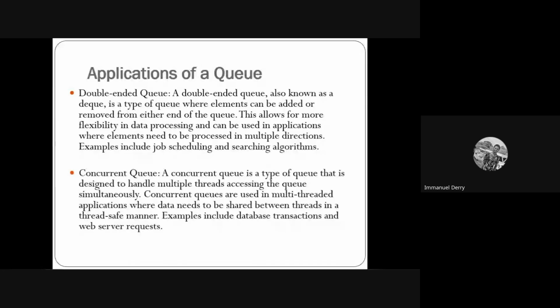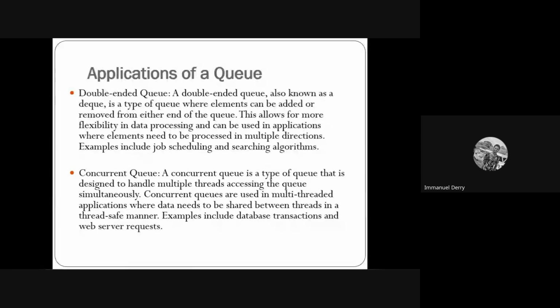And then also for the double-ended queue, which is also known as a deque, it's a type of queue where elements can be added or removed from either end of the queue. And it allows for more flexibility in data processing, and some of the applications are where elements are processed in multiple directions.